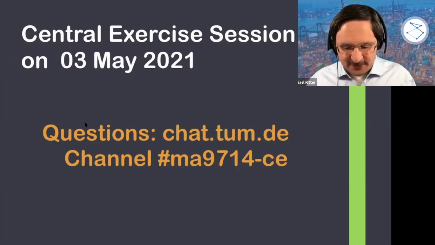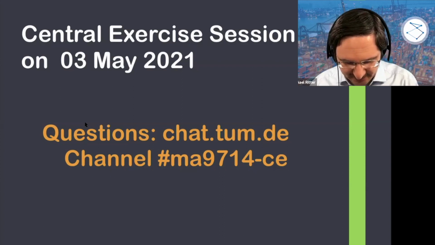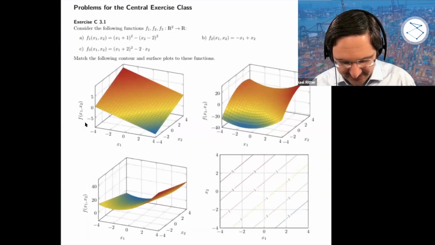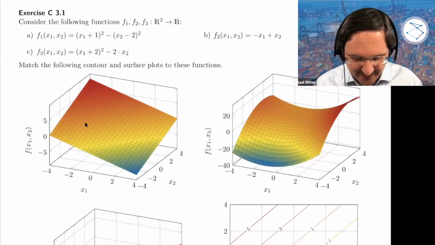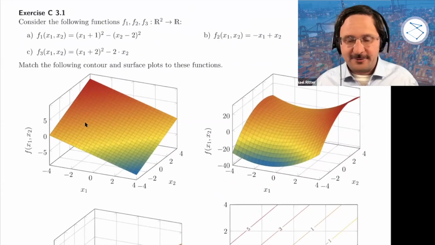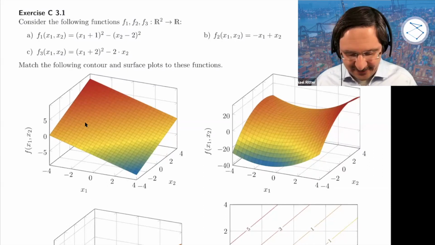Good. So let's restart the screen sharing, so that hopefully we can discuss sheet number 3 now. The first question on sheet number 3, let me quickly show you that sheet. There are 3 functions and 2 types of plots given here.